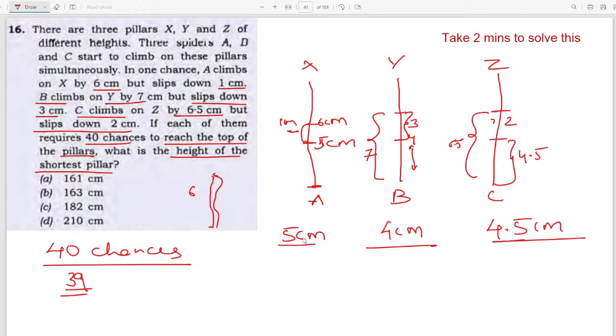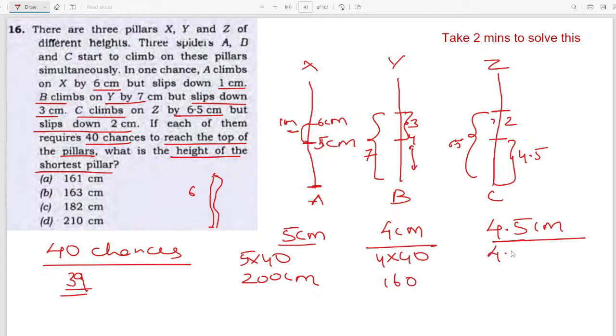So in this case, effectively, if you directly take 40 chances and multiply, this will become 5 into 40, that is 200 centimeters. This is 4 into 40, 160 centimeters.